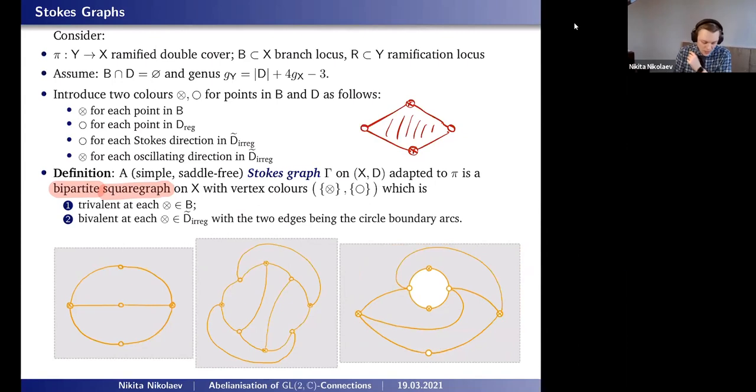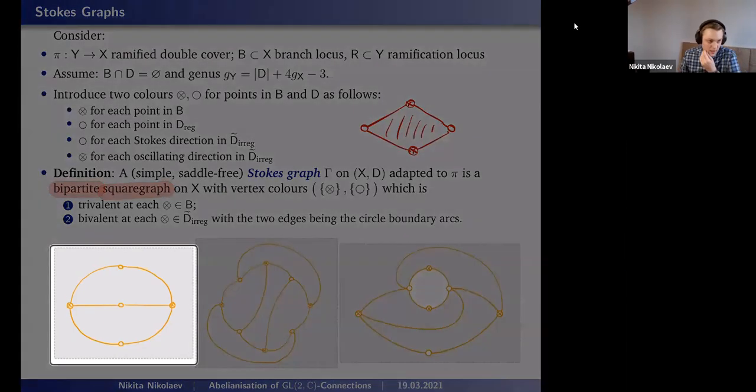Okay, so these are examples of actual differential equations. For example, this one is the Gauss hypergeometric equation. I'm thinking that I'm on P1 and I have 3 simple poles. So it's a rank 2 connection.